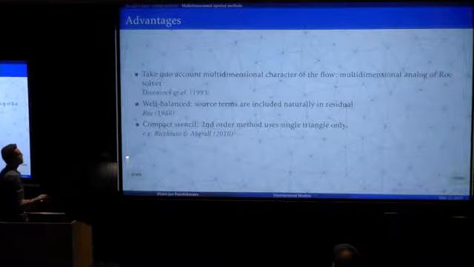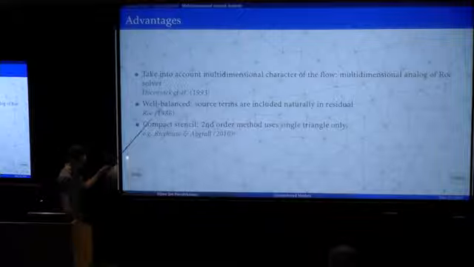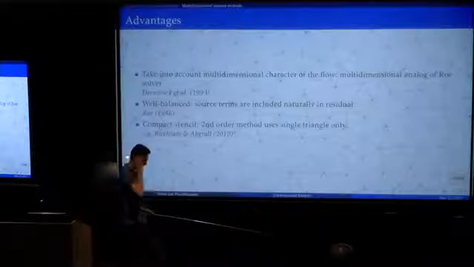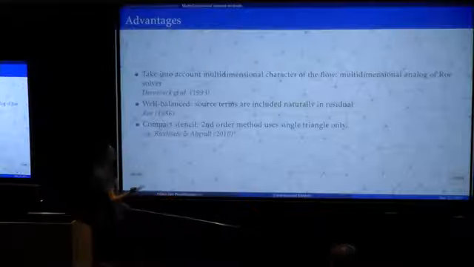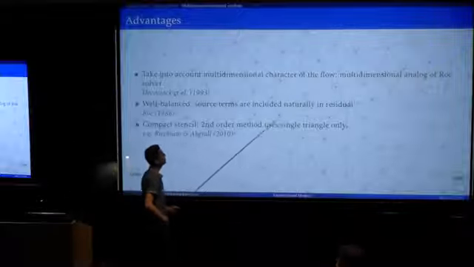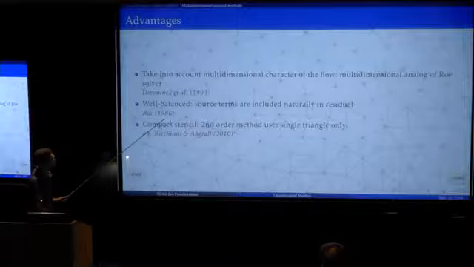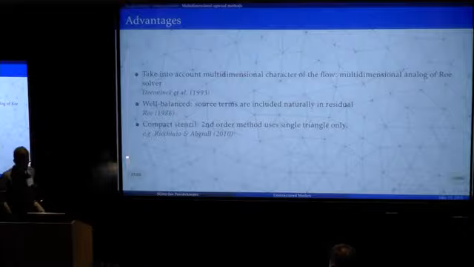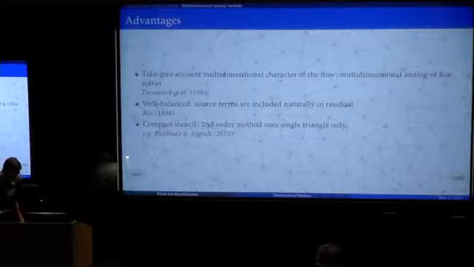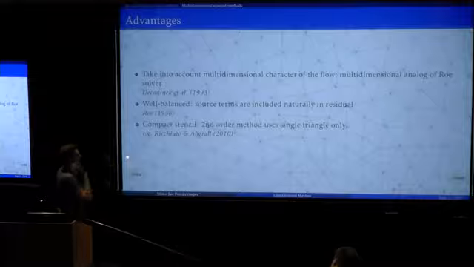So the main advantage, there's three advantages I want to highlight of this particular method, is that you take into account the multidimensional nature of the flow. And in fact, you can view it as a multidimensional Riemann solver, or multidimensional approximate Riemann solver, like the one due to Roe, which is very important for planar disk problems. These methods are well balanced in the sense that if you have an atmosphere in hydrostatic equilibrium, then the method will recognize there's no residual, there's no fluctuations, so there's no time evolution.